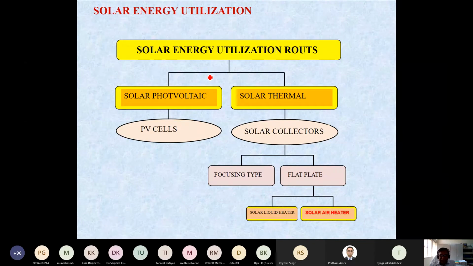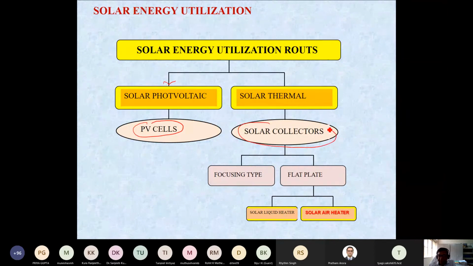So a separate system will be required for solar photovoltaic, where we can convert solar radiation directly into electricity. We call this the solar photovoltaic system, and the device is known as the PV cell. The other is solar thermal. In solar thermal, the device is known as the solar collector.